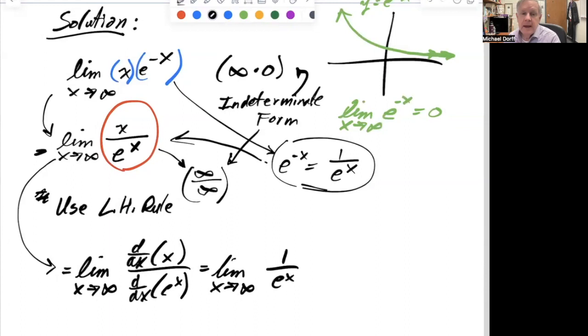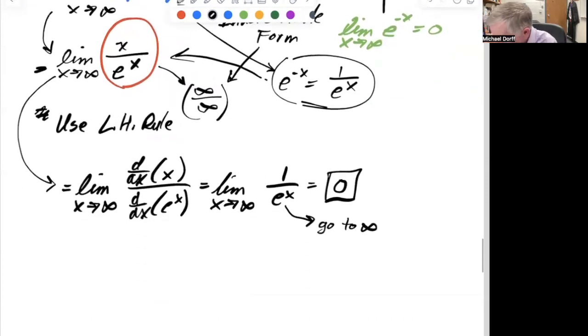And then what happens to e to the x as x goes to infinity? Okay, that's going to get really, really large. So this is going to go to infinity. And so if you have 1 over something that's really, really large, that's going to equal 0. And that's my answer for this one. We're going to get 0 there.